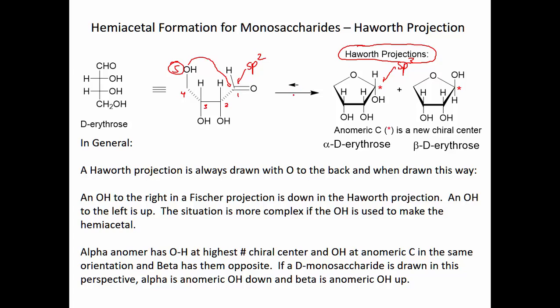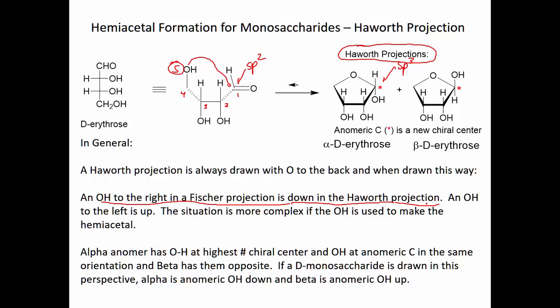In general, an OH that goes to the right in the Fischer projection is going to go down in the Haworth projection. And an OH group going to the left is going to go up. The situation is more complex if the OH is used to make the hemiacetal.